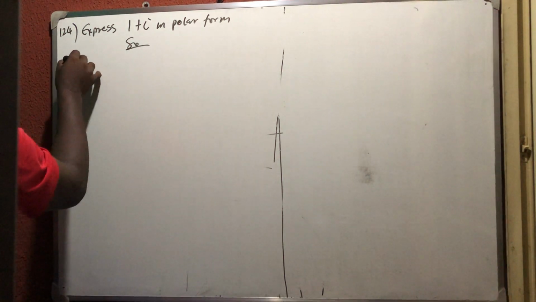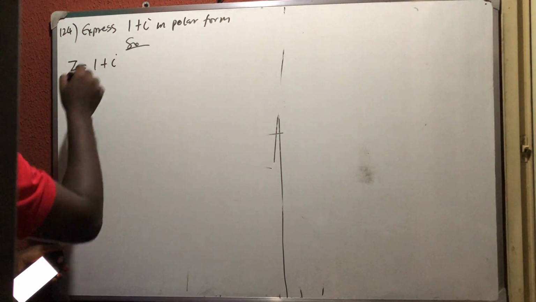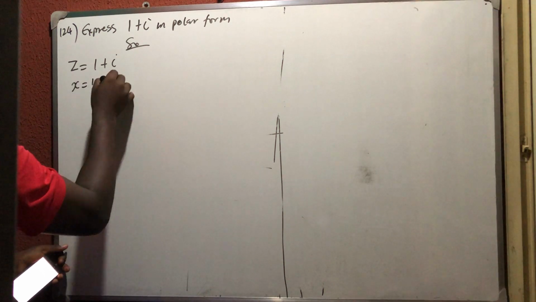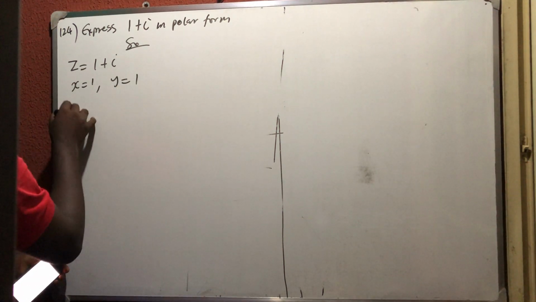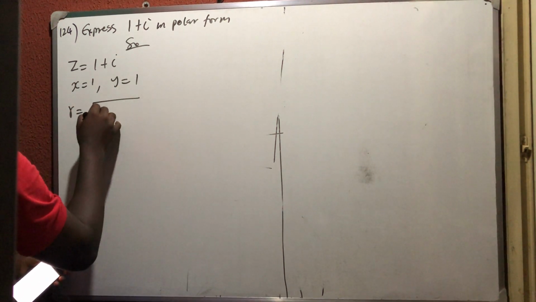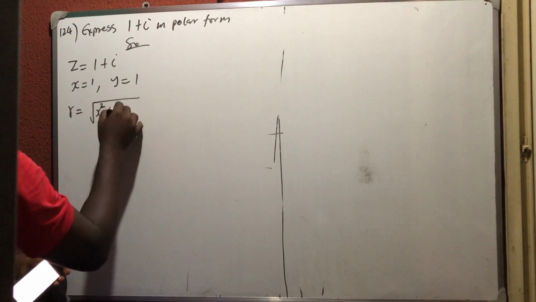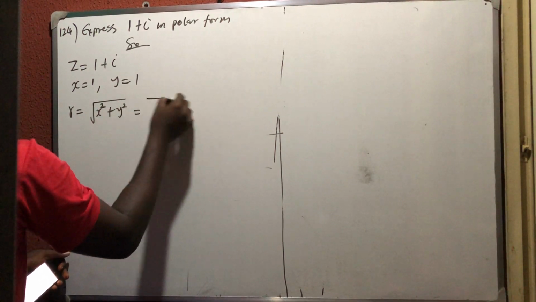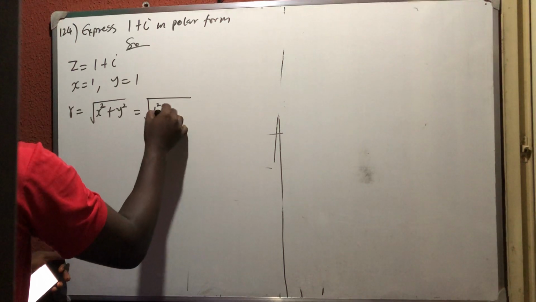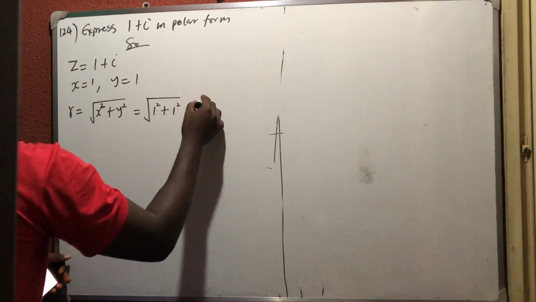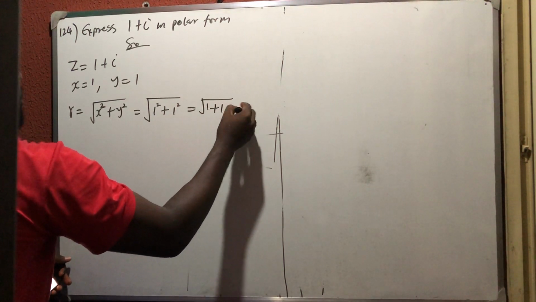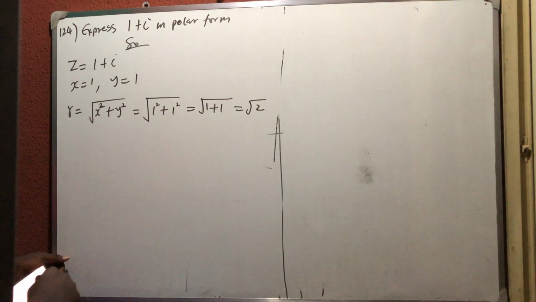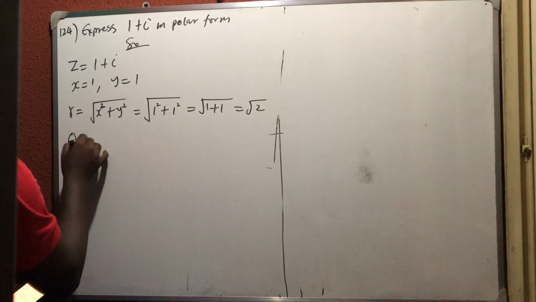So now they said that z is equal to 1 plus I. So we show that x is equal to 1 and y is equal to 1. So my r is now what? The square root of x squared plus y squared, which is the square root of 1 squared plus 1 squared, which is the square root of 1 plus 1, which is equal to root 2.